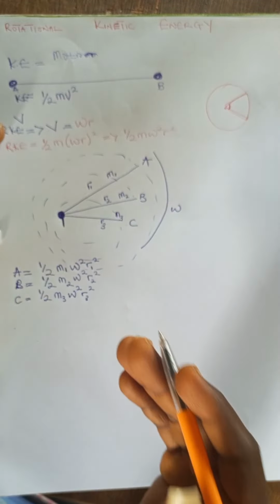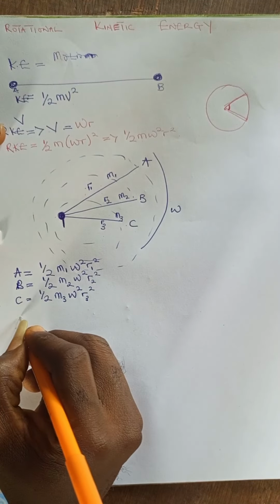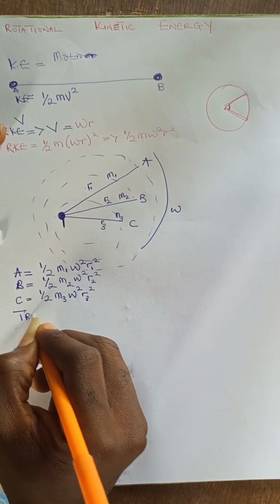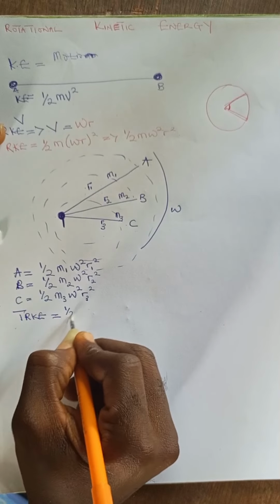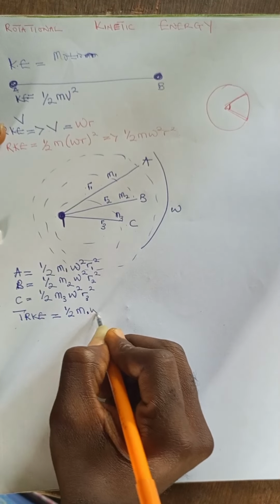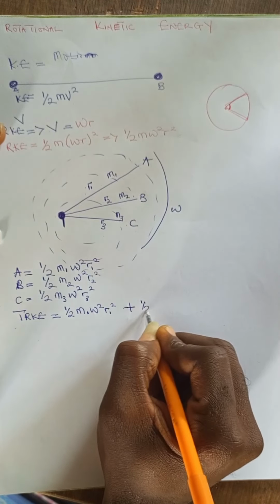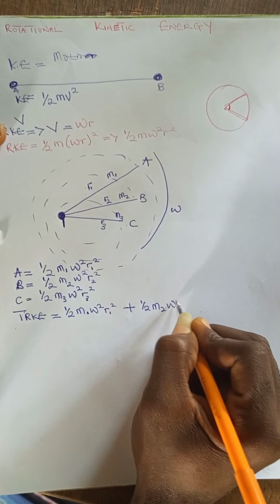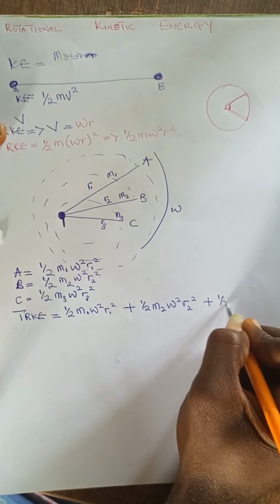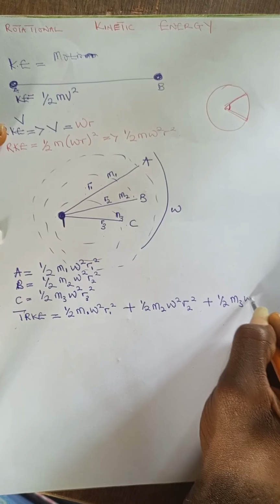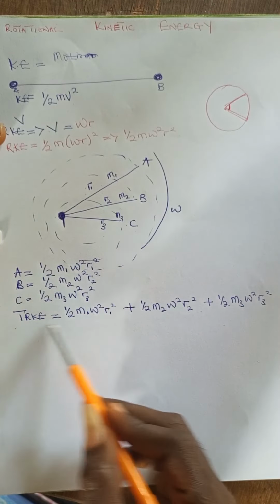So you can add A, B and C. When you add A, B and C, the total rotational kinetic energy will give you half m1 omega square r1 square plus half m2 omega square r2 square plus half m3 omega square r3 square. So we are adding these three together, that is what is here.